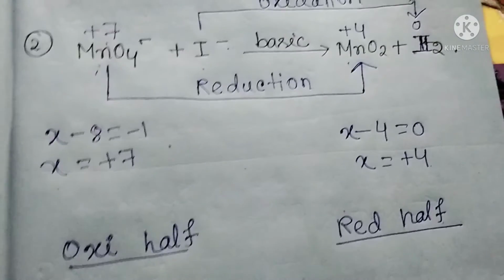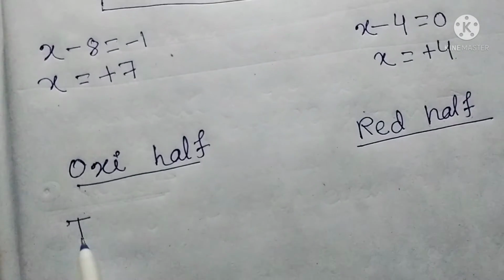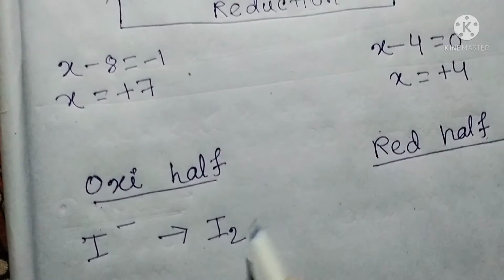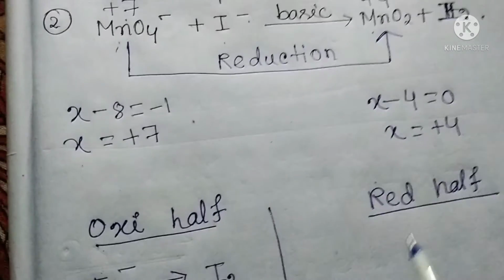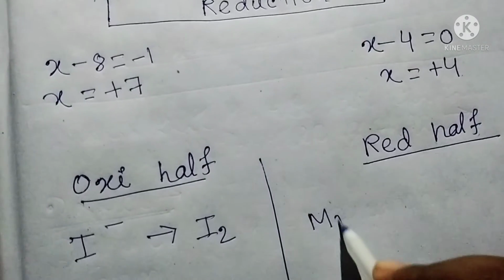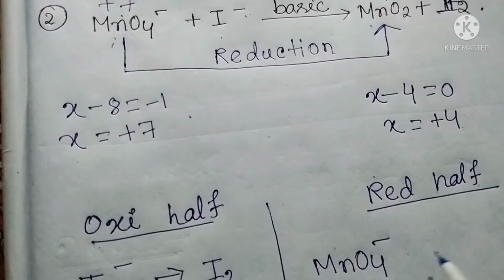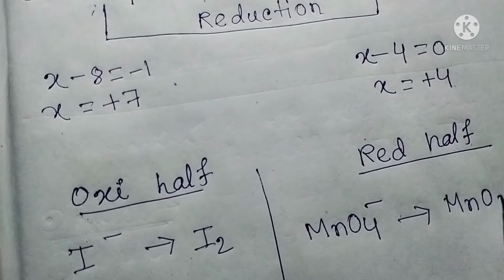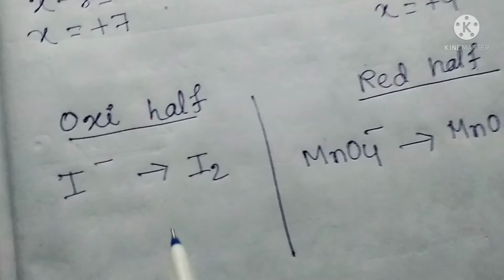Now at first we take the oxidation half, I minus to I2, and the other one is MnO4 minus to MnO2. Now at first balance this.